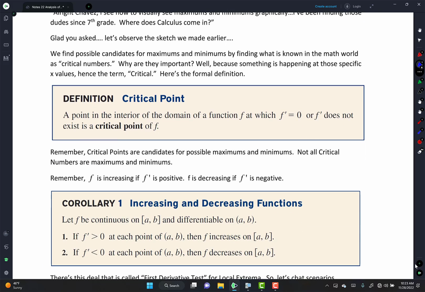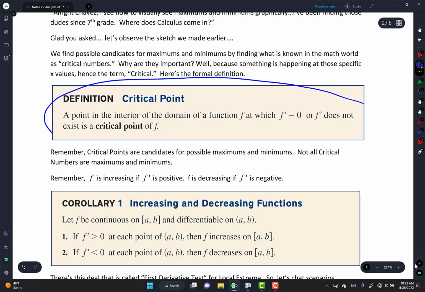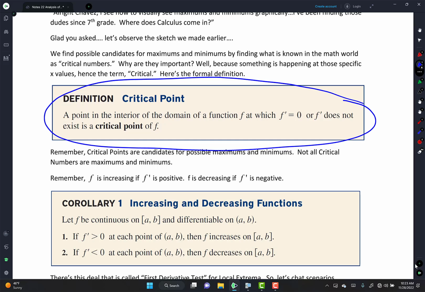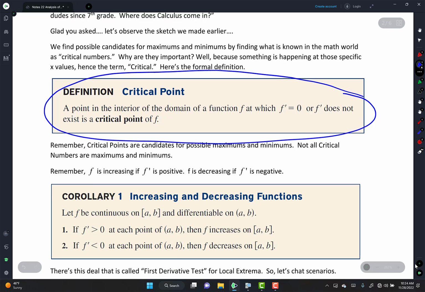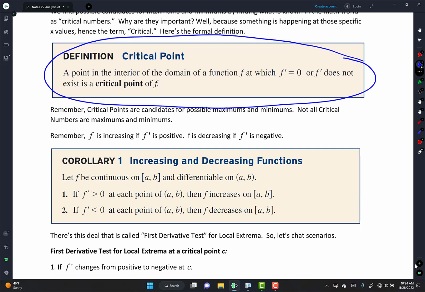Here is what you're going to call a critical point. If the derivative is 0 or the derivative does not exist, you're going to call those critical points because something is happening there. Are we okay? And then notice, it says increasing or decreasing.